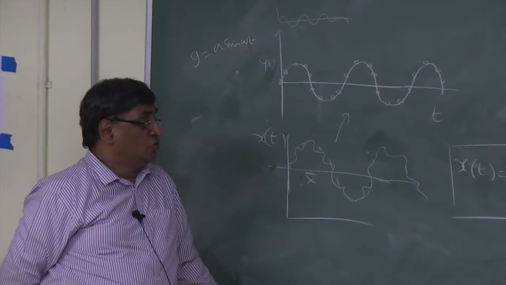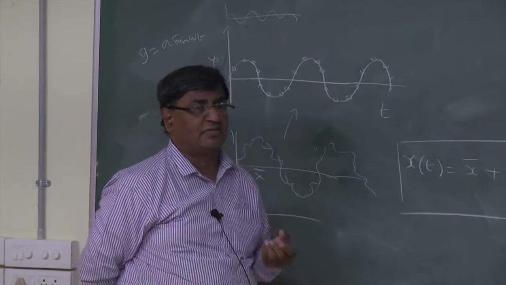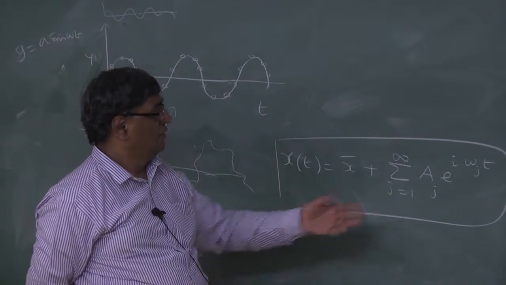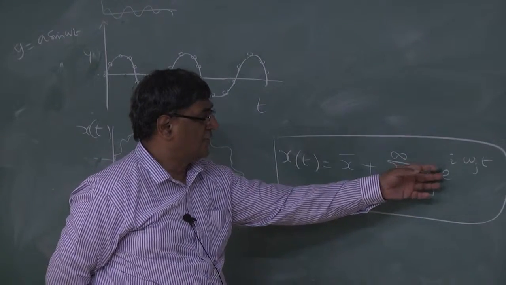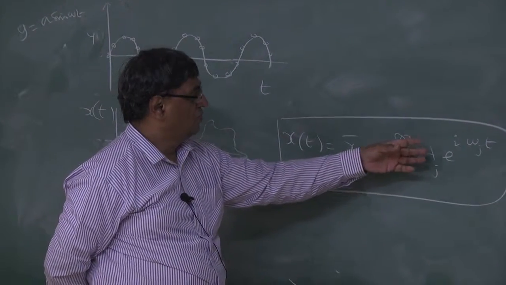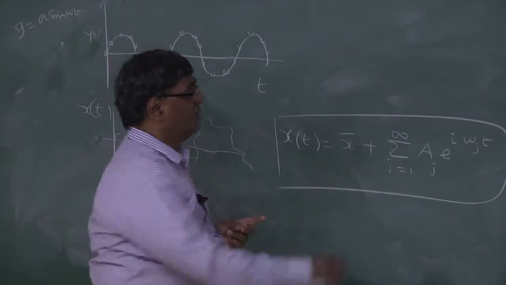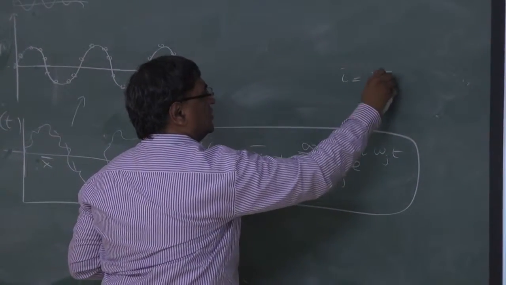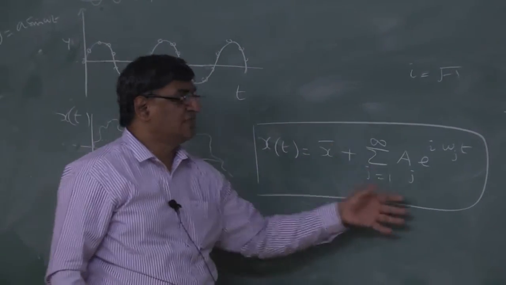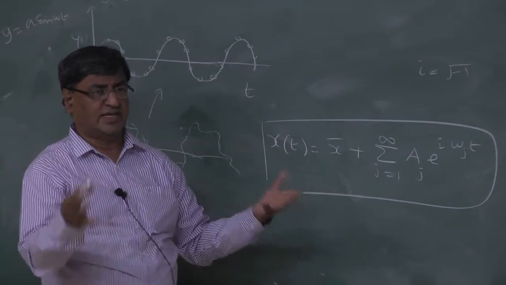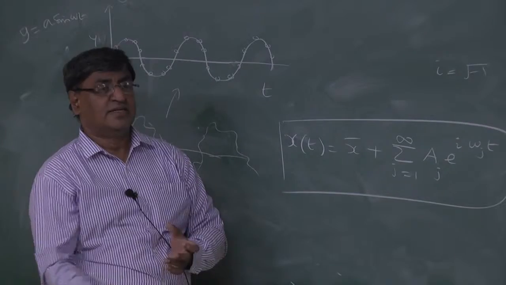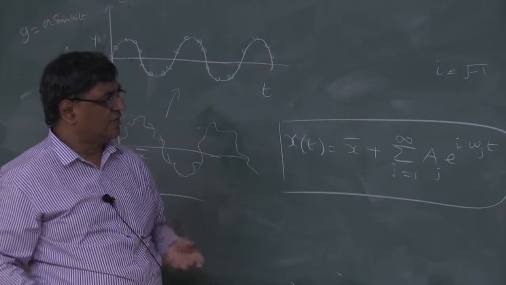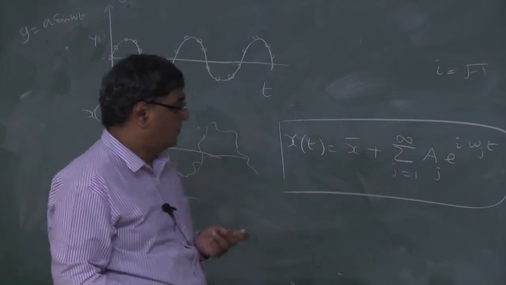So that's basically the idea behind the Fourier series. x bar is the mean value, and then a1 e to the power i omega 1 t, a2 e to the power i omega 2 t, and so on, where of course i is nothing but the square root of minus 1. This gives us both the sine and cosine components put together, that is, the phase difference taken together will come in a complex form.